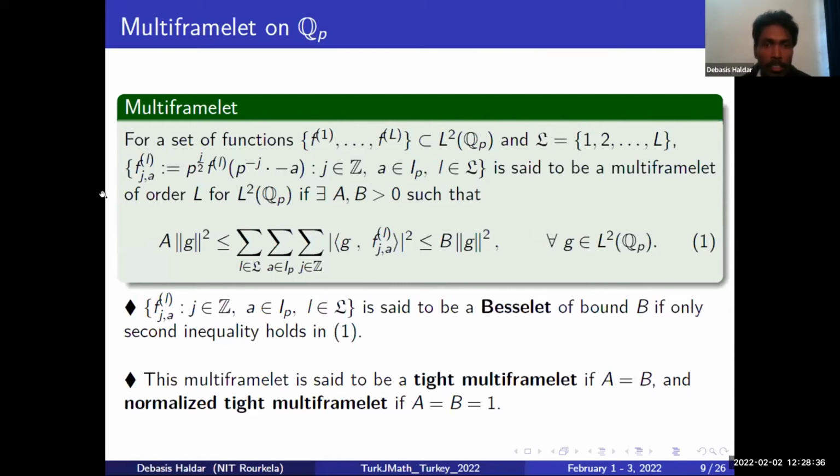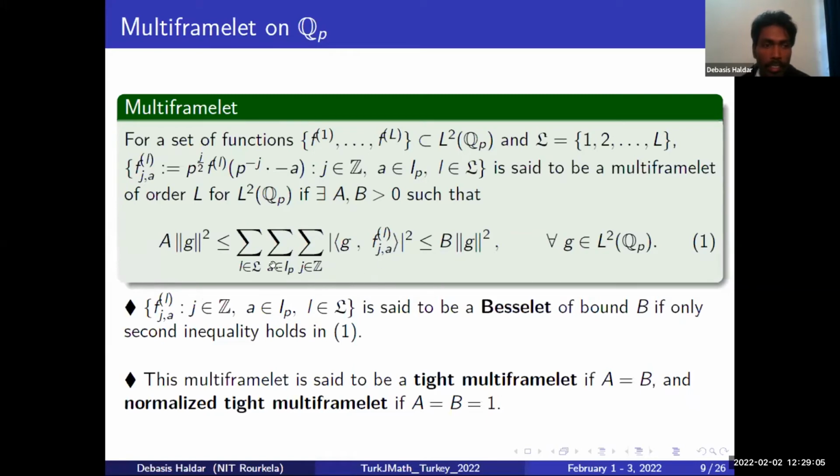This affine system is said to be a multiframelet of order L if there exist two positive constants a, b such that this condition, this equation 1, will be satisfied. So this affine system is said to be a Bessel system if only this second inequality of equation 1 is satisfied.